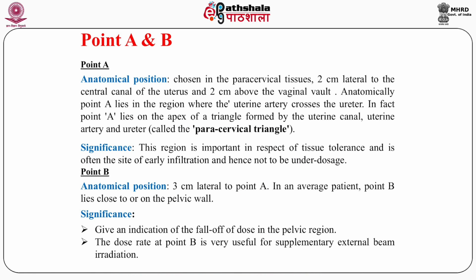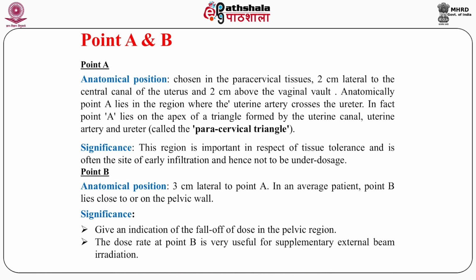Now, while treating cervix cases, there are a few points which we have to take care of. There are two points, point A and point B. They are theoretically defined and practically also understandable. Point A is an anatomical point.